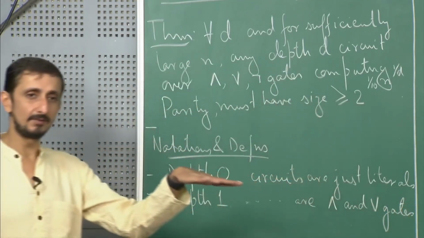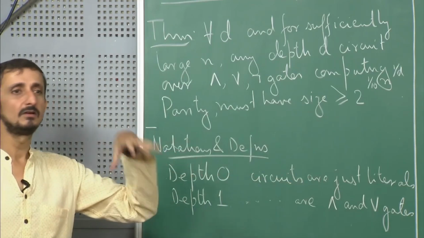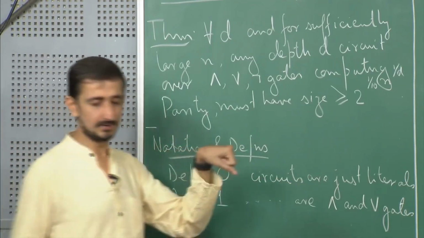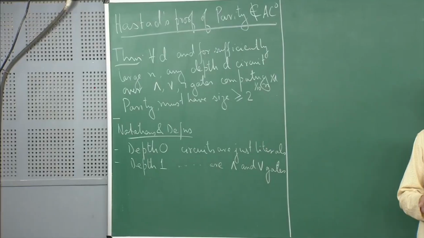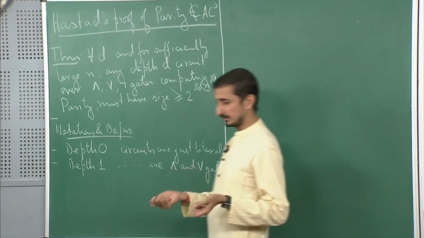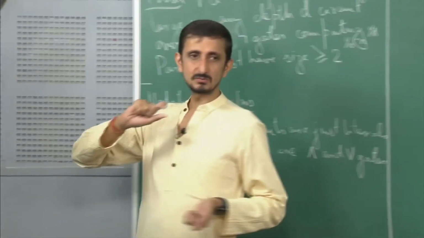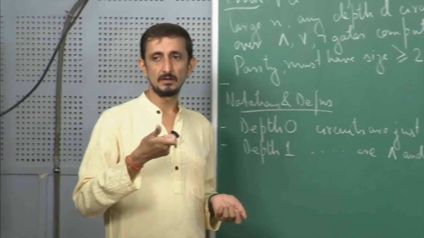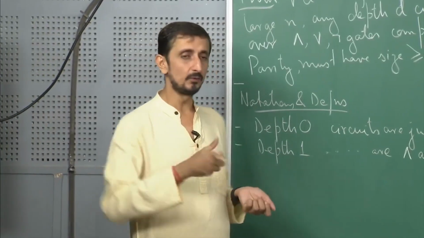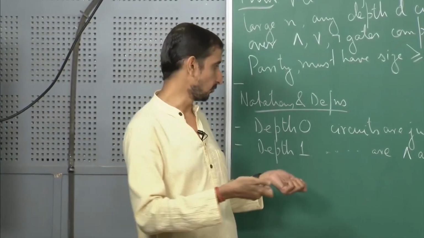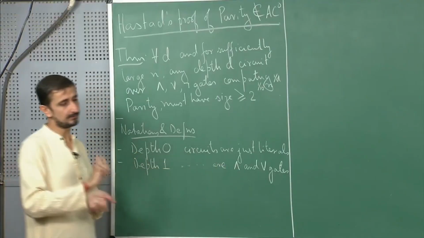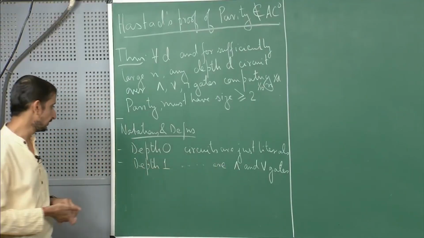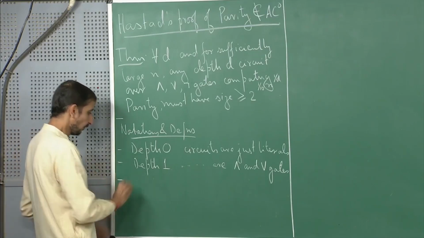Okay. So, I just have one level, one AND gate or one OR gate. Again, parity cannot be computed by just a single AND or a single OR gate, because flipping just one variable of the input changes the parity output, but for AND and OR gates that is not necessarily true. You can flip an input and still the output might remain the same. Now, what are depth 2?